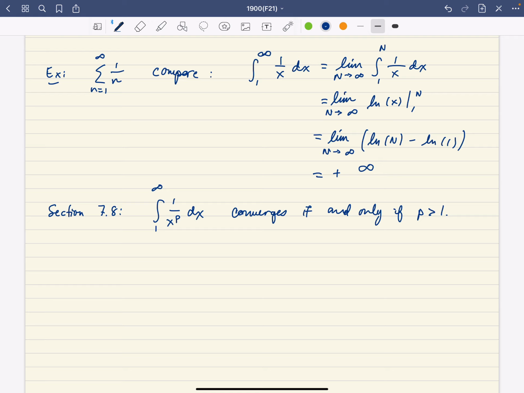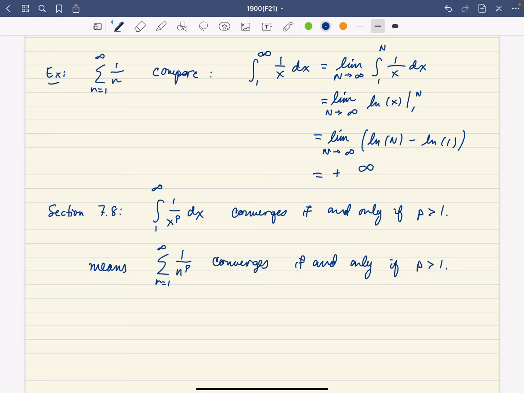It turns out that what this means is that the sum of 1 over n to the p, as n goes from 1 to infinity, converges if and only if p is bigger than 1. So if p is equal to 1, this diverges. It's the harmonic series.